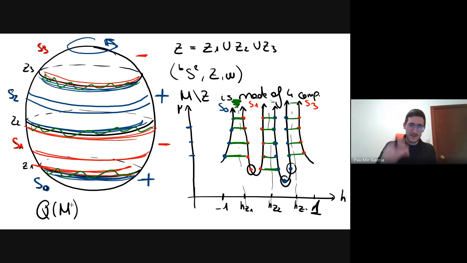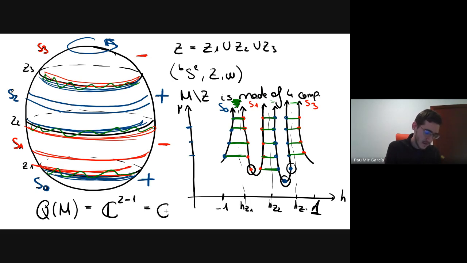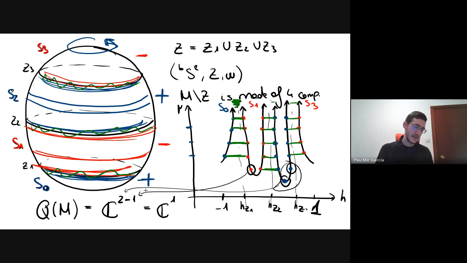But without having defined it technically, you can already see that the quantization in this case is C to the 2 minus 1. So C to the 1. Because there are 2 positive Boltzmann leaves here, the blue ones, and 1 red Boltzmann leaf here in S1, S3.